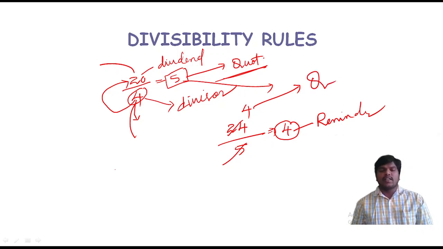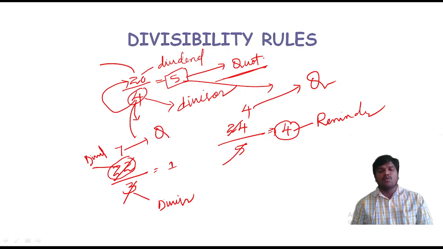Let us take another example: 22 divided by 3. 3 sevens are 21 only, remaining 1 is here. So 3 is called the divisor, 22 is the dividend, 7 is the quotient and the remaining value is called the remainder.